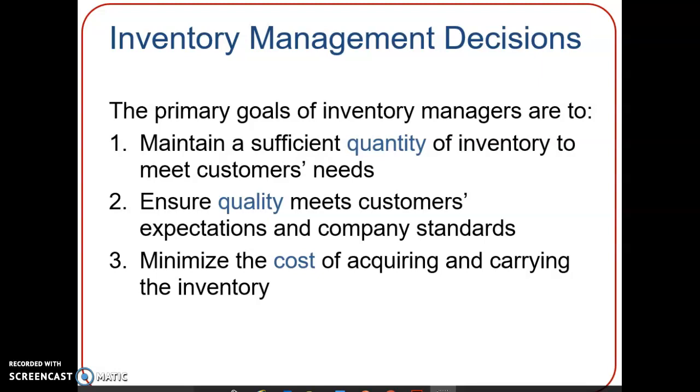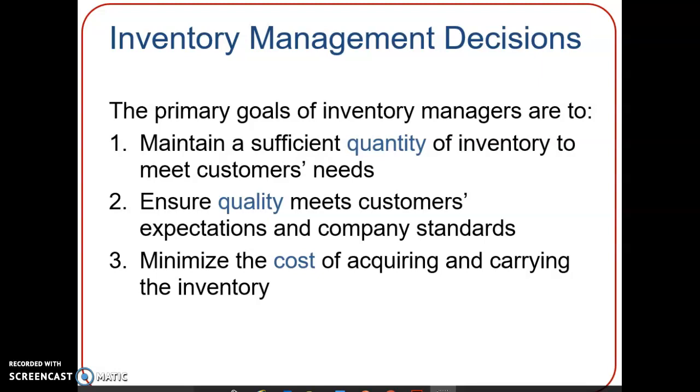Quality, of course, is very important. Quality is directly related to customer satisfaction and expectation and your company's own quality control standards. If a customer is not happy, they're going to return the product, they're going to tell other people, and they're not going to come back, so that's bad.